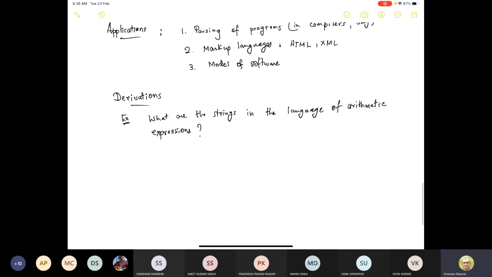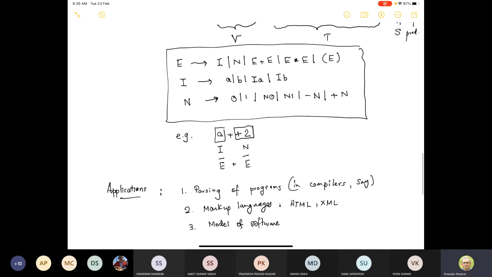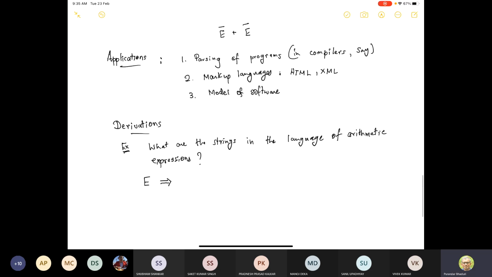So how do we find those strings? Well, we start with a start symbol, which is E in this case. And we say that in one step, E derives, and we use this double arrow for this. Remember, in the productions, we use single arrows, but the relation of derivation is depicted by a double arrow.